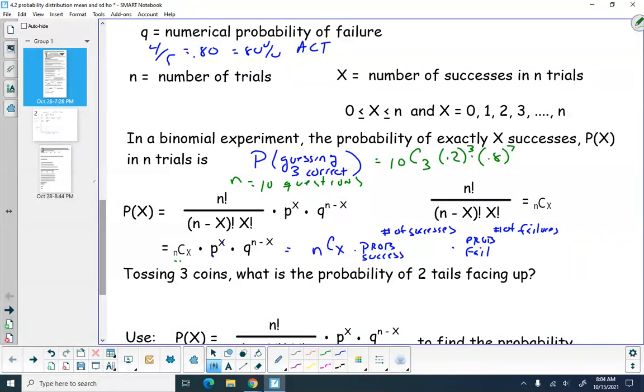What is our probability? You can clickety-clack that straight through the calculator. KYC, know your calculator.